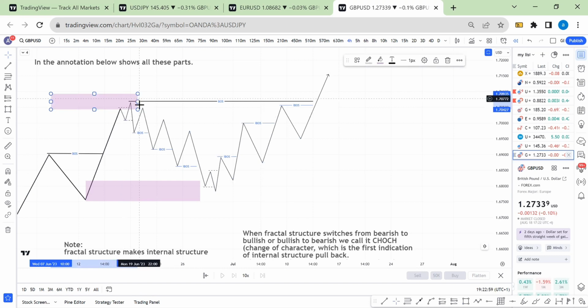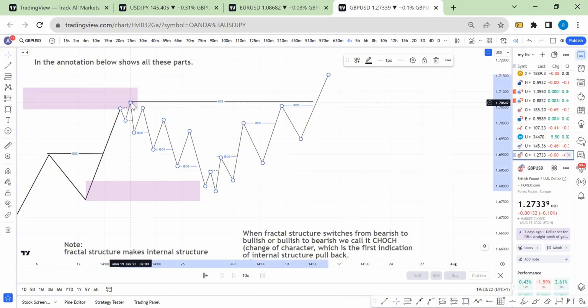And another reason why this fractal pullback might be of higher probability is when price is at the extreme of that supply zone. You are watching this supply zone from the left, you are expecting price to react to it. If price has already gotten to the extreme, maybe price is around here, got to around here, you just know that this is the extreme of it.